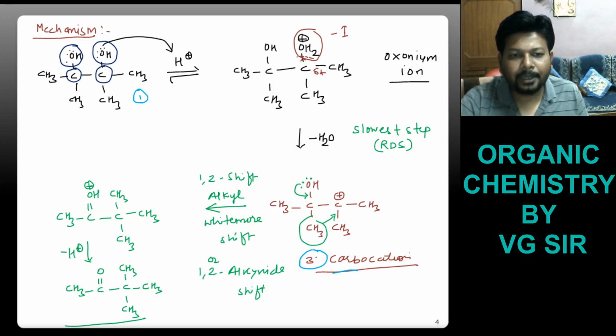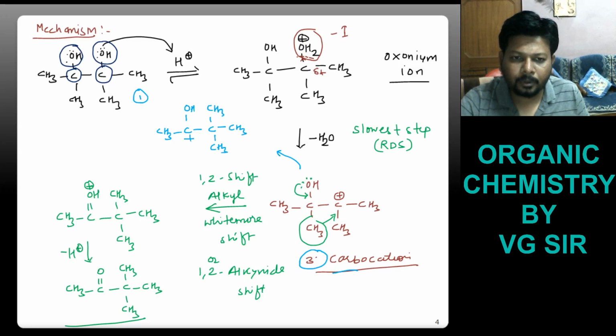Or if I write an intermediate step which you can learn, see, if I show them step by step, suppose first migration takes place, then what will be the condition? The condition will be this. So it is a 2-degree carbocation.